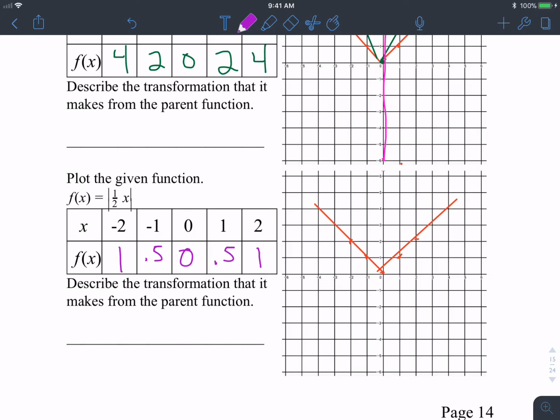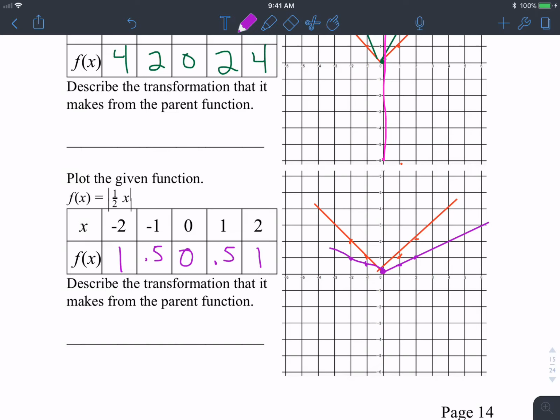So if we plot these points again, we get 0, we get 1 half, and we get 2, 1, and we get negative 1 half, and we get negative 2, 1.